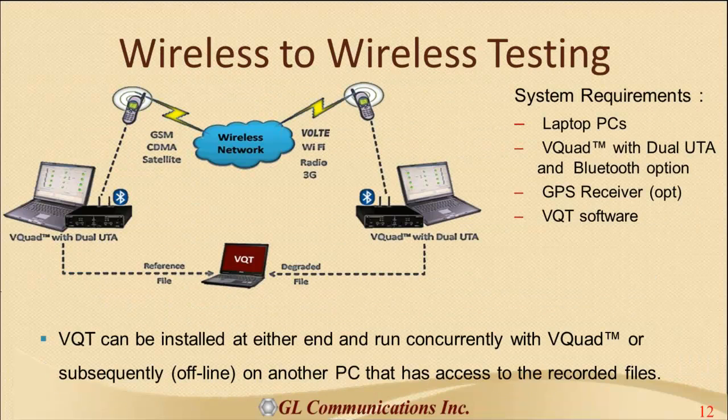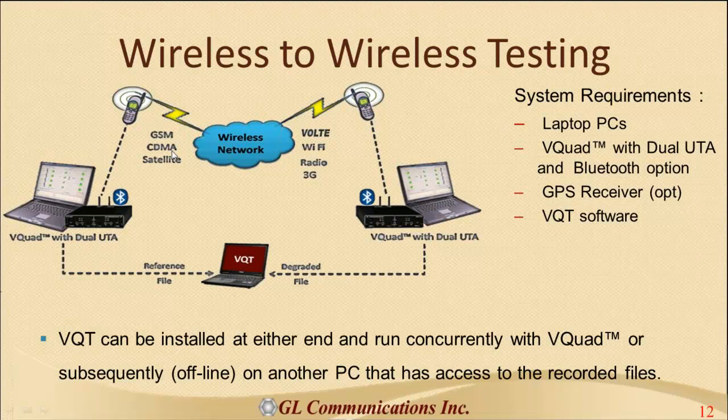This is a slide which describes wireless to wireless testing over different wireless networks like GSM, CDMA, VoLTE (voice over LTE), Wi-Fi, radio, 3G networks and UMTS networks. This slide describes how we perform different tests using a wireless network via Bluetooth.